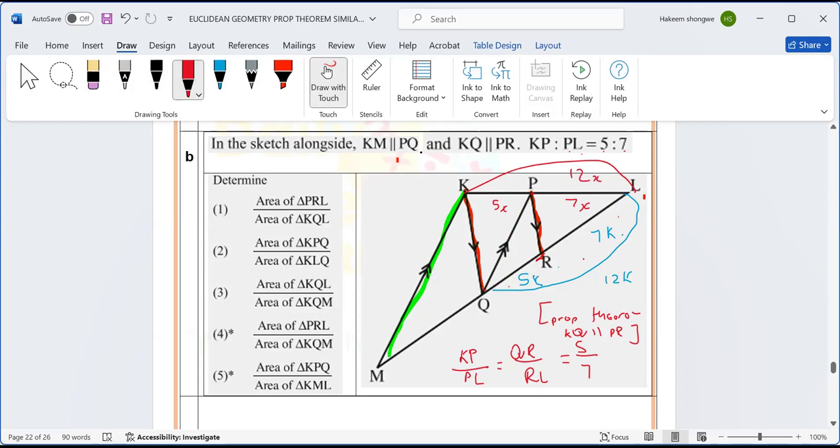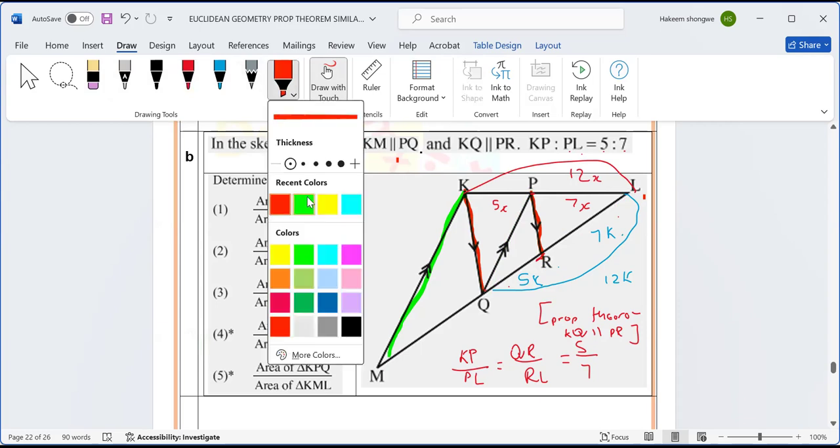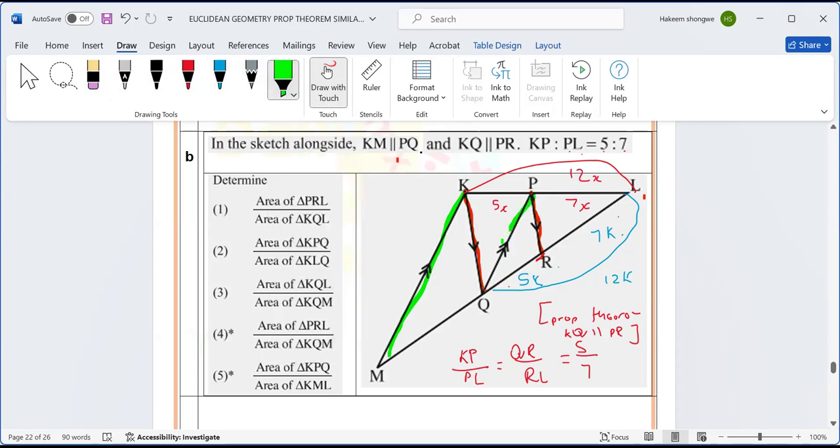Now that we've used that one, what else can we say? I think we had other parallel lines. Let's go to those ones. It was the green one. We had this part and this part, and they're in proportion. How will we write that one?